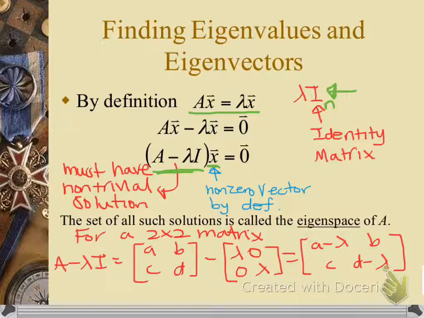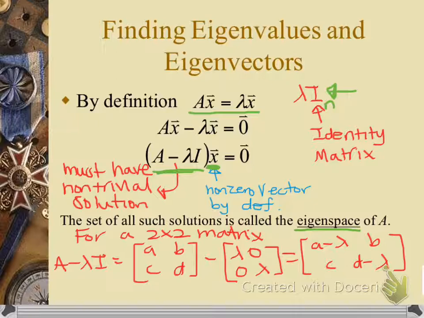Remember, the trivial solution means that all the entries, all the scalars, all the weights equal 0, which would make x a 0 vector, but by definition it's a non-zero vector. That's why A minus lambda I must have a non-trivial solution. The set of all those solutions we call the eigenspace. So we have eigenvalue, eigenvector, and eigenspace.